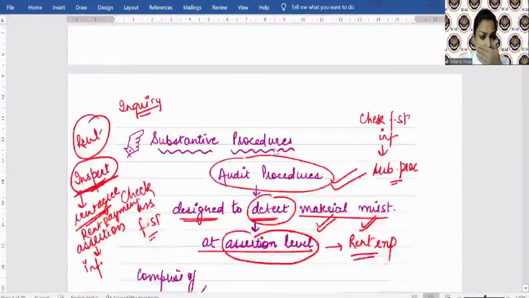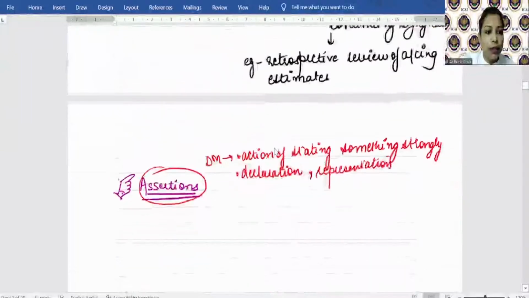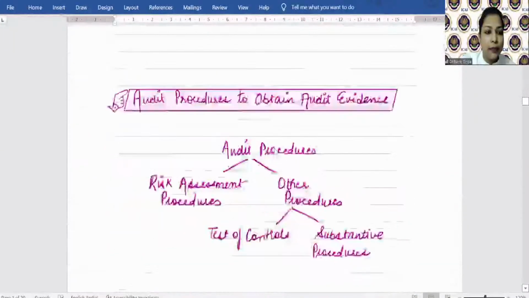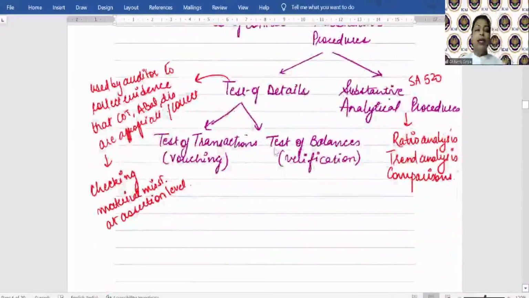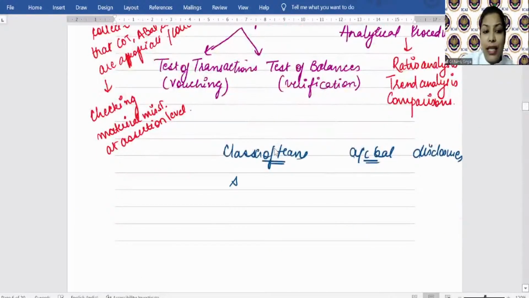Now, what are test of details? See, in the financial statement there are various classes of transactions, various account balances and various disclosures. Classes of transactions, like sales transactions, purchases, other income, expenses.